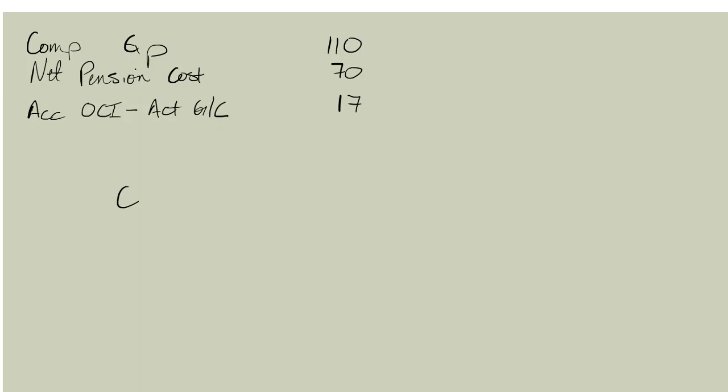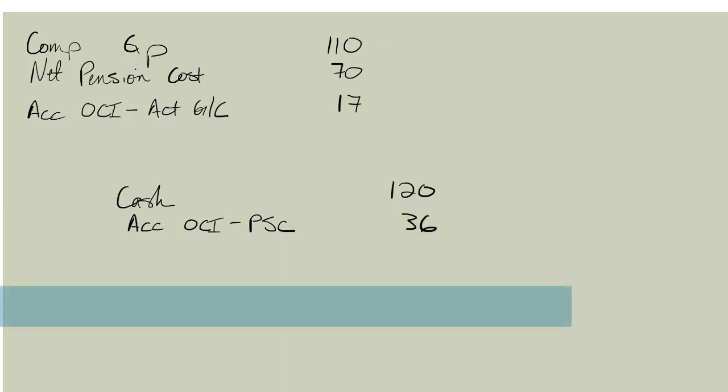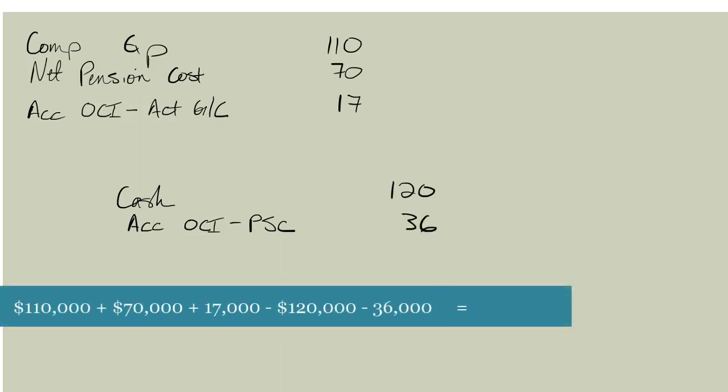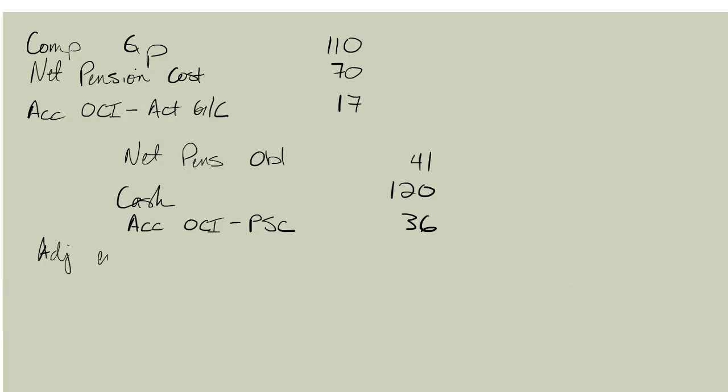We had a credit to cash of 120, and a credit to accumulated OCI prior service costs of 36. And if I calculate the difference, 110 plus 70 plus 17 minus 120 minus 36, I find that I need a credit to net pension obligation of 41. This is an adjusting entry for pensions.